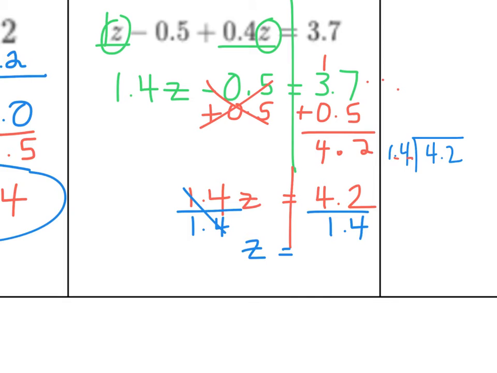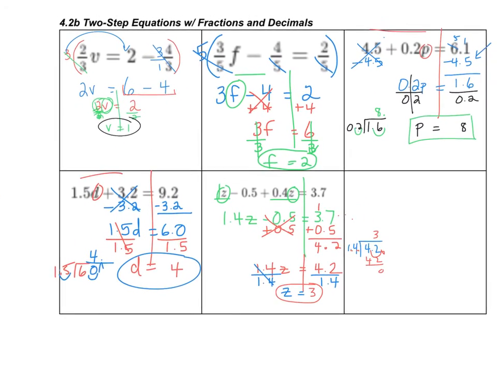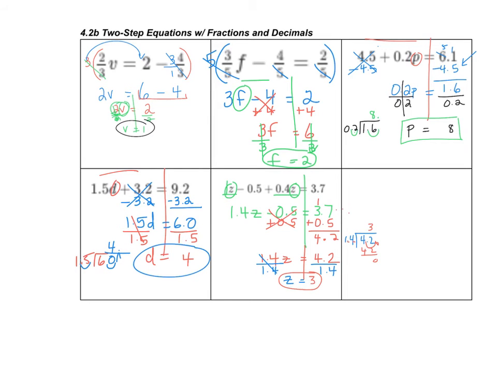Move the decimal over, move the decimal over. So 14 goes into 42 3 times evenly. So this would be 3. And that's it. So that took us a little while to explain because we had to do some explanations with the fractions, but that's straight up how we do those problems.